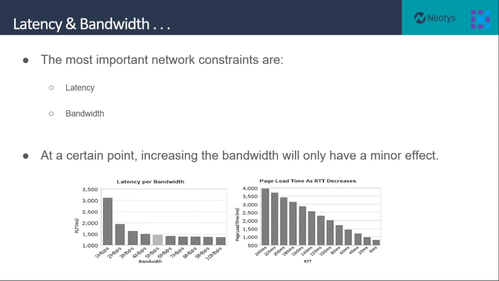In fact, when you look at network, there are a couple of constraints. You have latency, you have bandwidth, and of course you have packet loss. I'll talk about packet loss afterward. Most of the time, when you talk about those constraints, people say the biggest constraint that will impact my user will be the bandwidth.